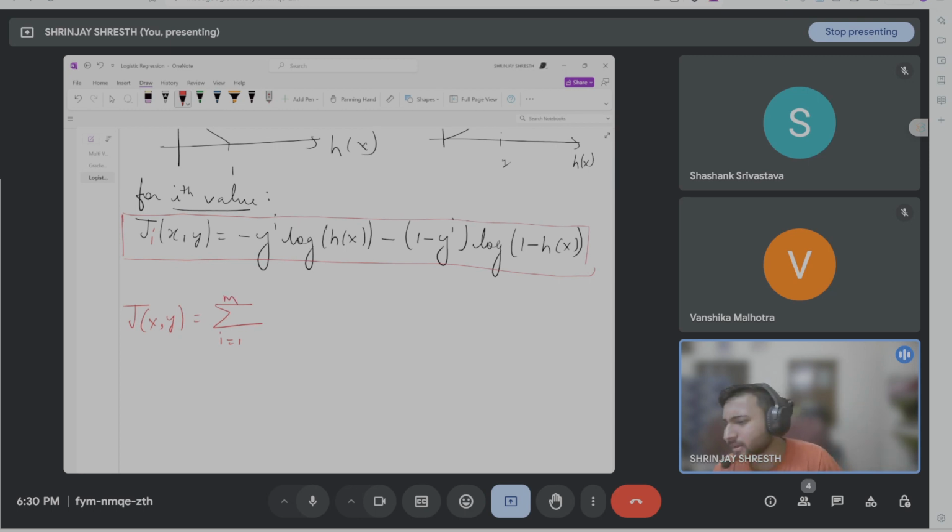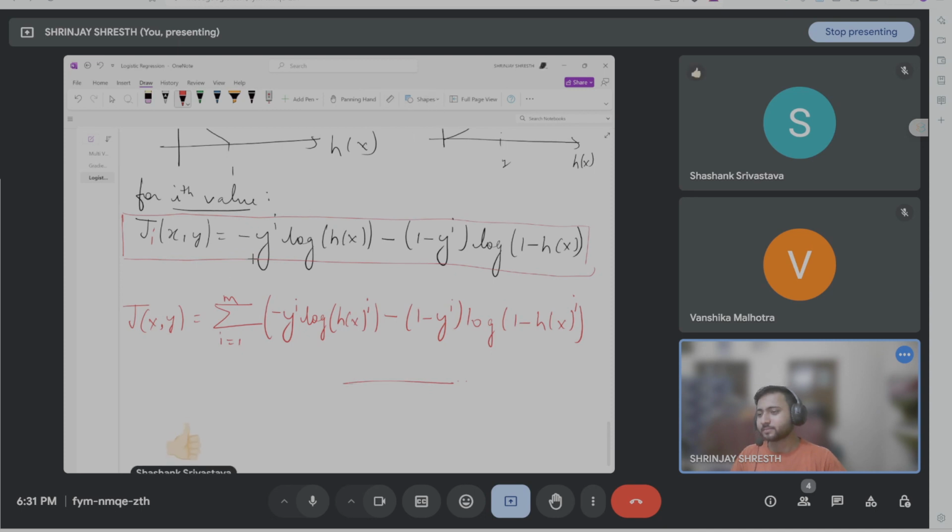Let us say if you have m data set, you will have minus yi log of h(x) minus (1 minus yi) log of 1 minus h(x), where h is the hypothesis function. So this is your loss function. ठीक है? This is a loss function.